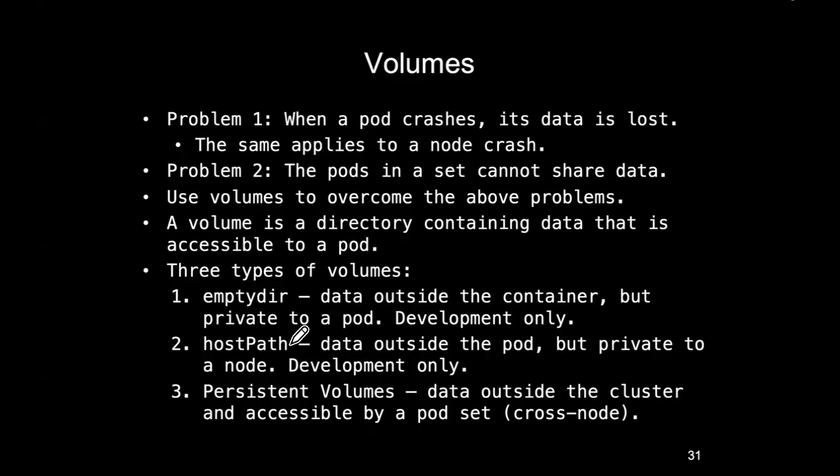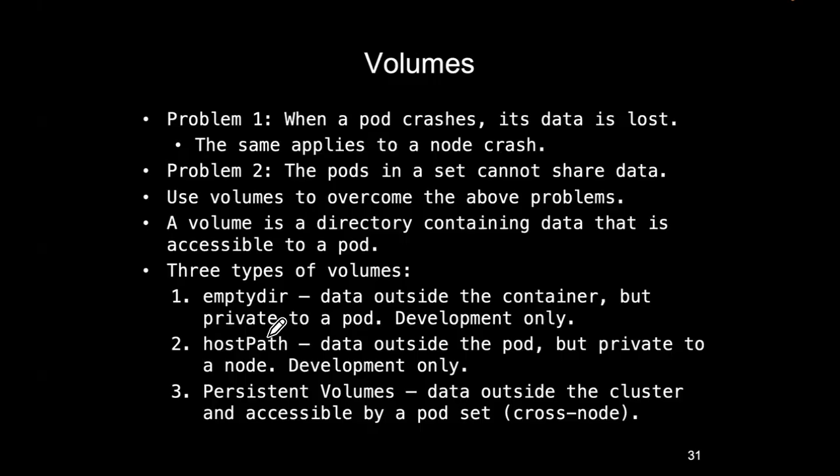The other type is host path. A host path volume is a volume that is contained within a particular node or it's managed by a node. And any pods running on that node can access that data.